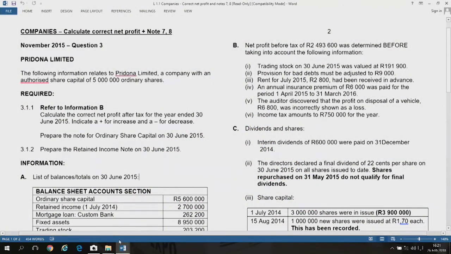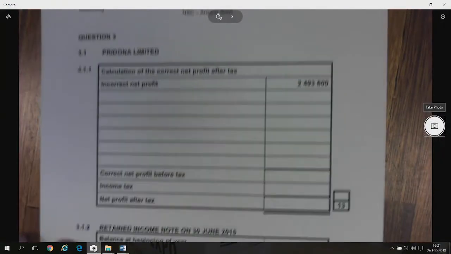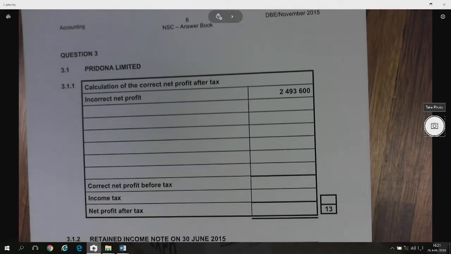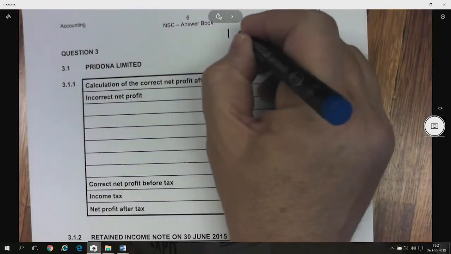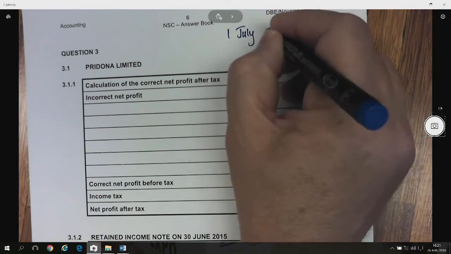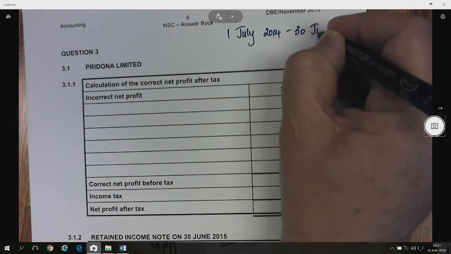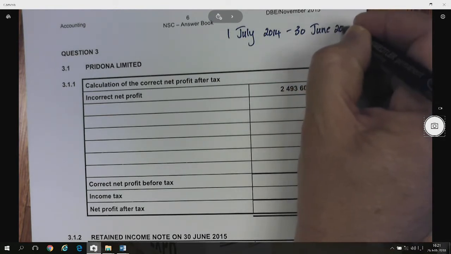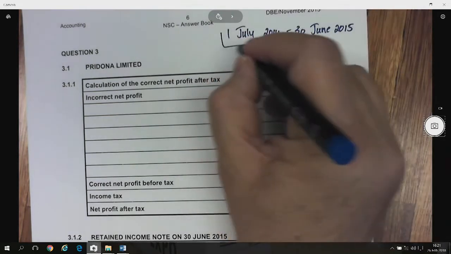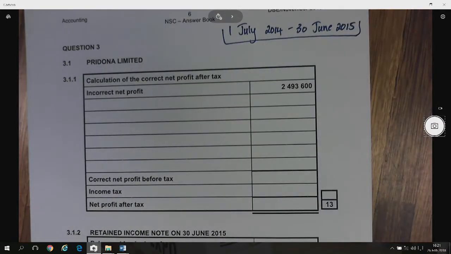The moment that I see my year end for the first time, I write it on top of my question paper. So this one will be the 1st of July 2014 until the 30th of June 2015. It's just easier for me when I do calculations so that I can go back and see what our accounting period is.